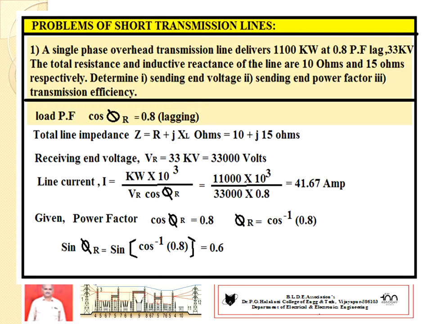Determine the sending end voltage, sending end power factor and transmission efficiency. Very first we have to decide whether the given line is single phase or three phase. Read the question, it is the first point only. The given line is single phase.